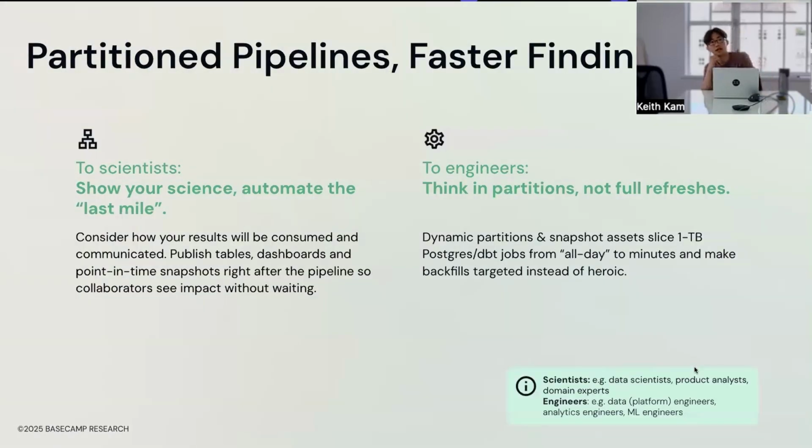So for us, we're back to the takeaways. For scientists, I would say that thinking about not just the core analyses, but also how it can be turned into a DBT table or a data set that is easily shared and easily rerun and versioned across both the data that's going in as well as the code that's going in is very helpful.